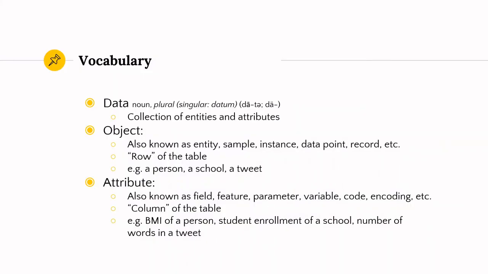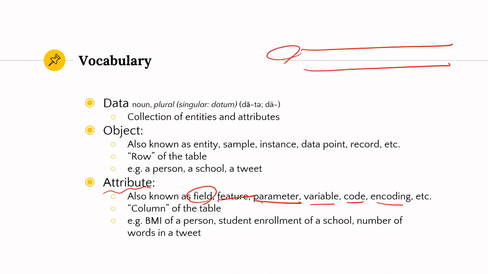In the meantime, a column of the table is also known as an attribute, field, feature, parameter, variable, code, or encoding. There are many different ways to call a column of the table. So let's say you have a demographics database. In that case, a person is going to be each row. So here's Smith, here's Jack, here's Jane.